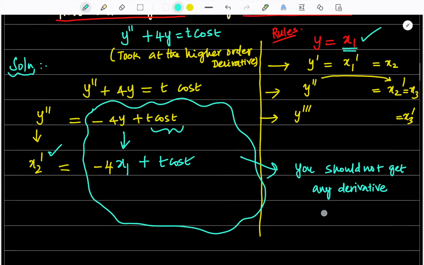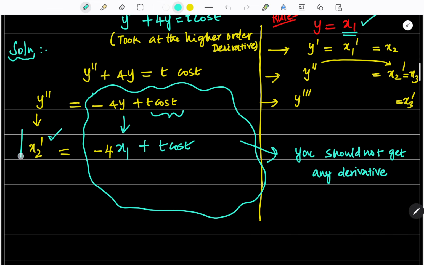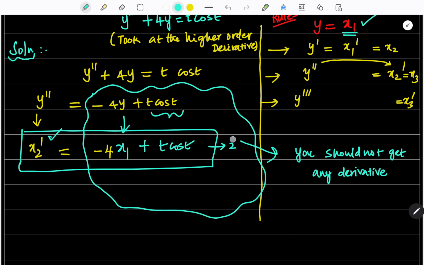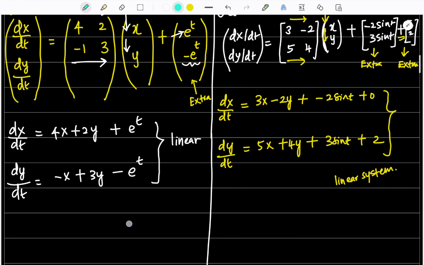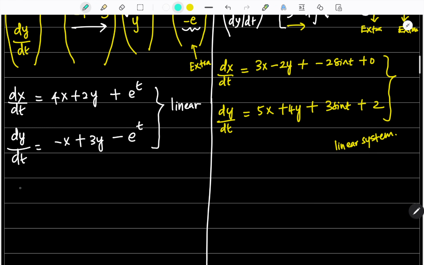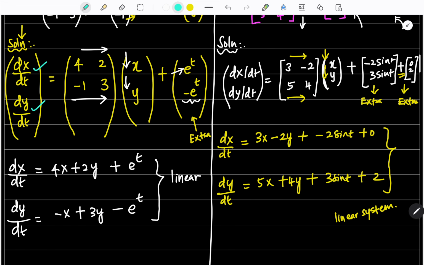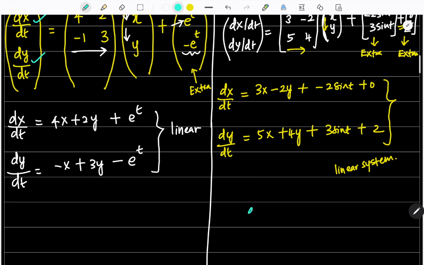Whenever you get x2 dash, call that equation number 2. So what will be your first equation? We want to write in a matrix model. When you have dx by dt, you should have dy by dt. At the same time, when you have x1 dash, you should have x2 dash. Then only can we write in the matrix model.